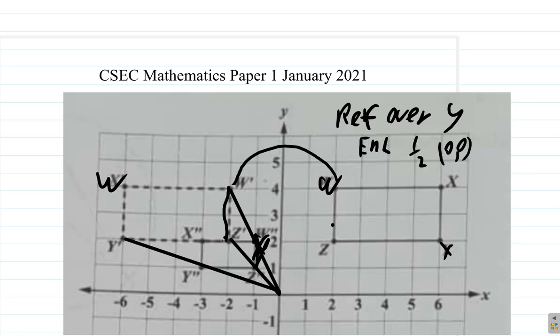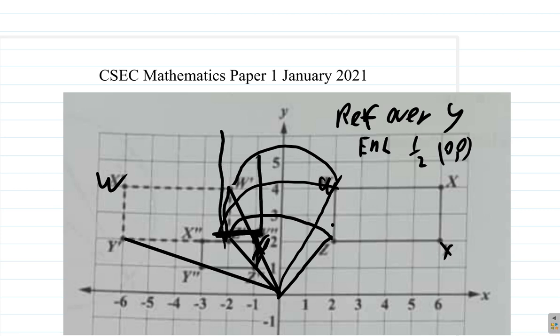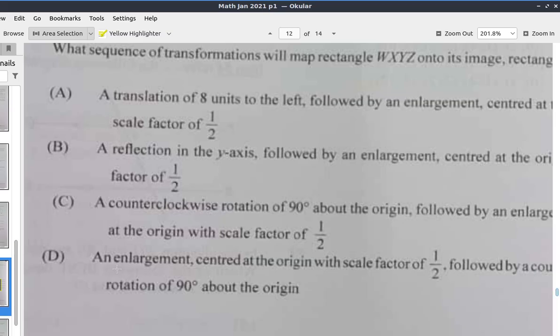If we have a counterclockwise rotation, 90 degrees about the origin, the Z here would end up here, yes. The W here would end up here. So this would be flat. It would look more like this, so it couldn't be C.